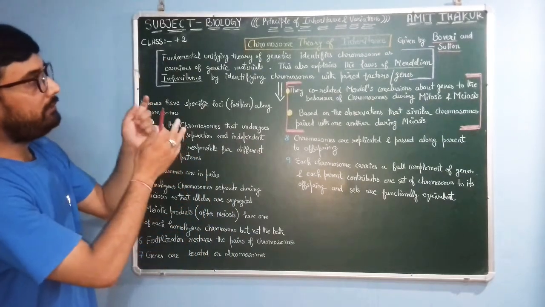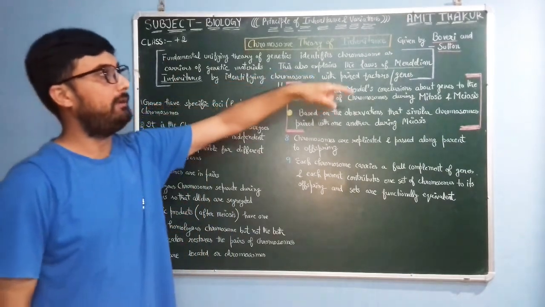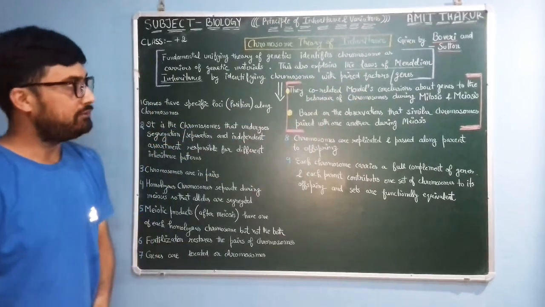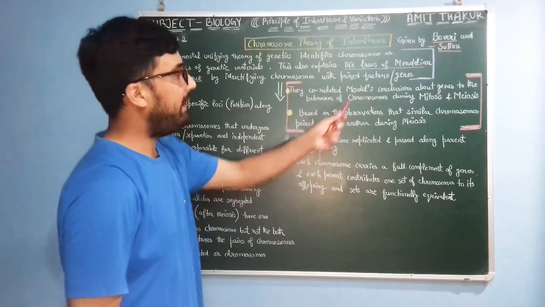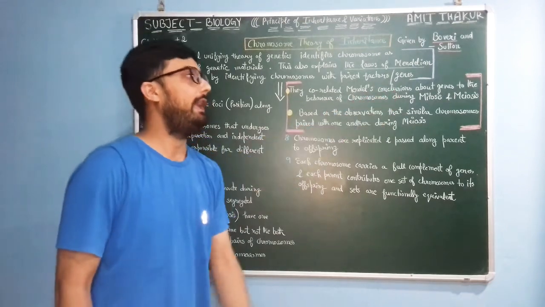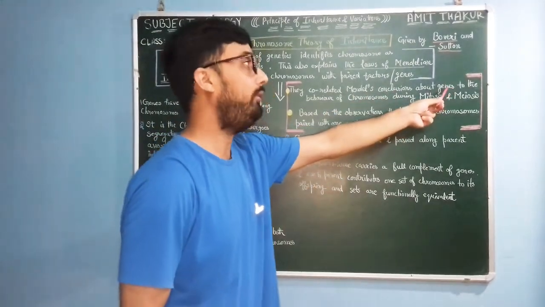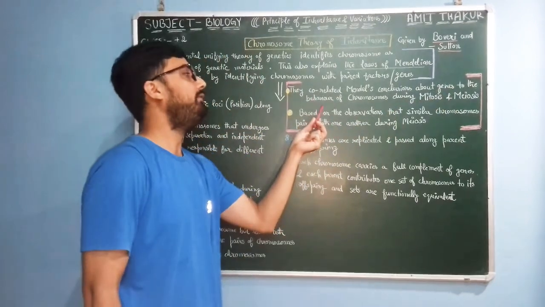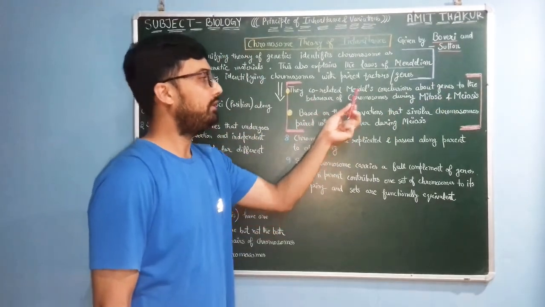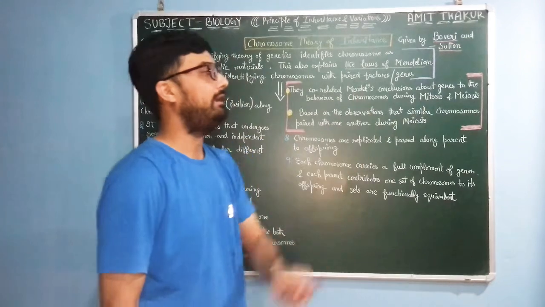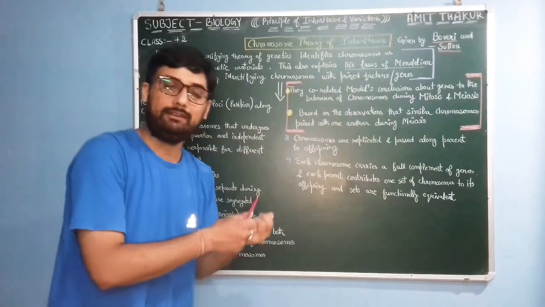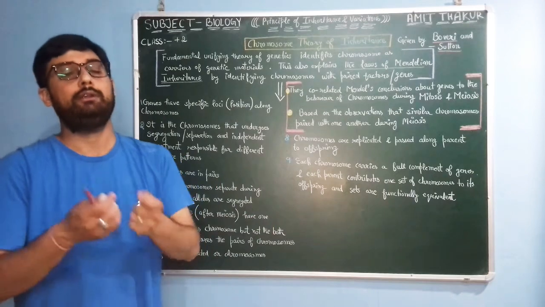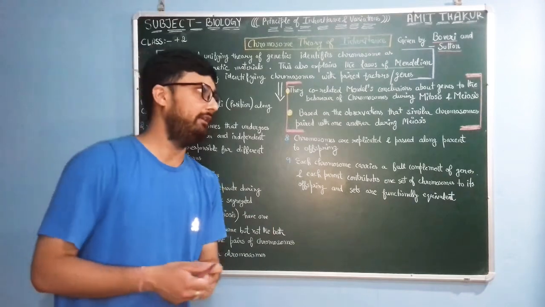This theory, given by Boveri and Sutton, correlated Mendel's conclusions about genes or factors to the behavior of chromosomes during mitosis and meiosis. You can say during the reproductive processes or during the development of an organism.